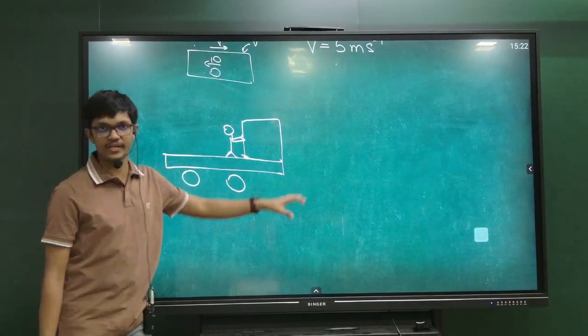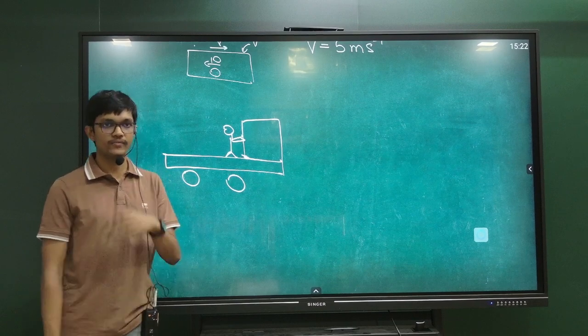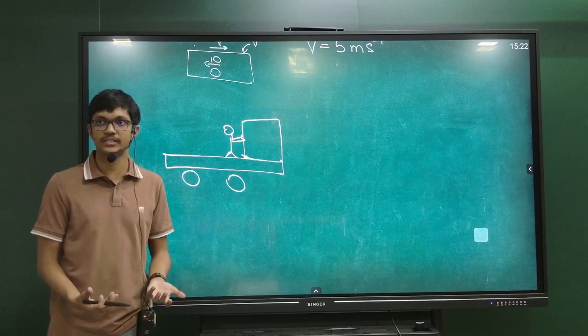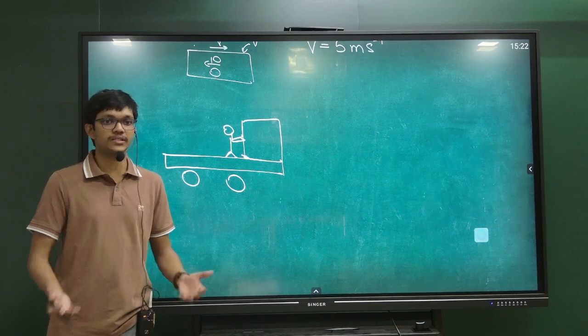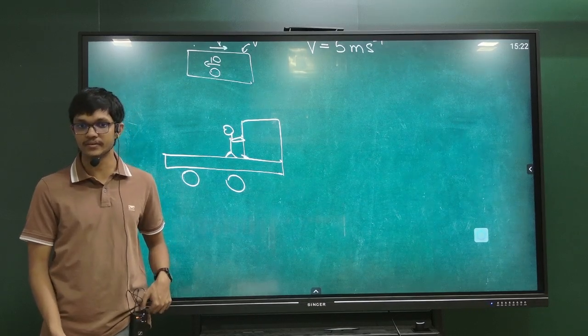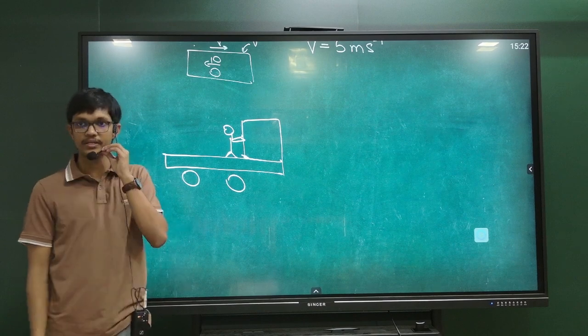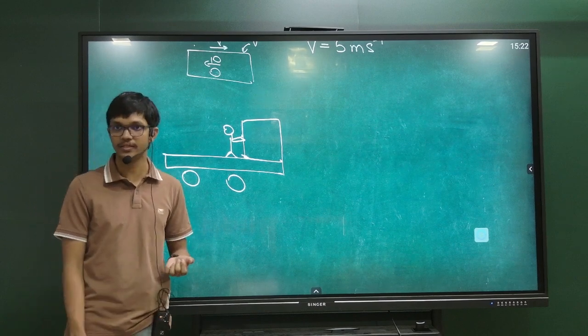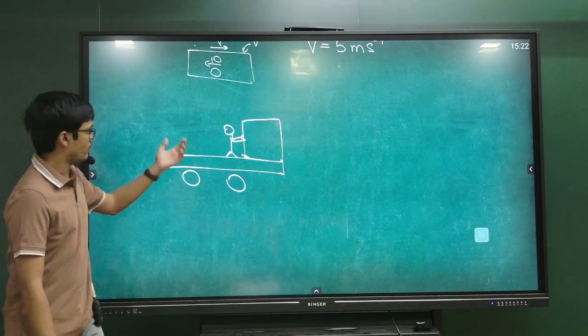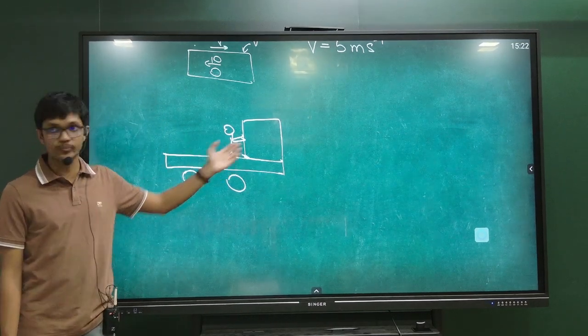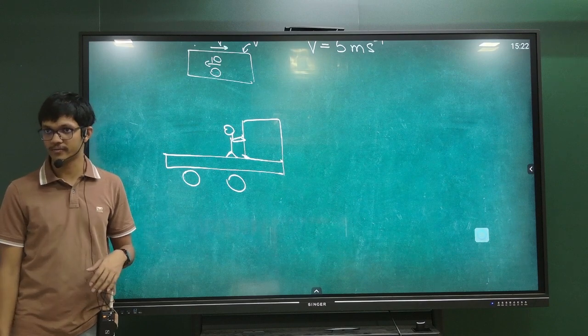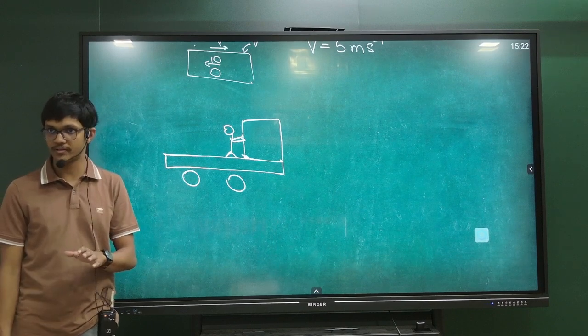Because this is something happening internally. Someone can't get inside a system and apply an external force on that system. This is something happening completely internally. Someone can't stay on a truck and push the truck. It's useless, right? It will never happen.